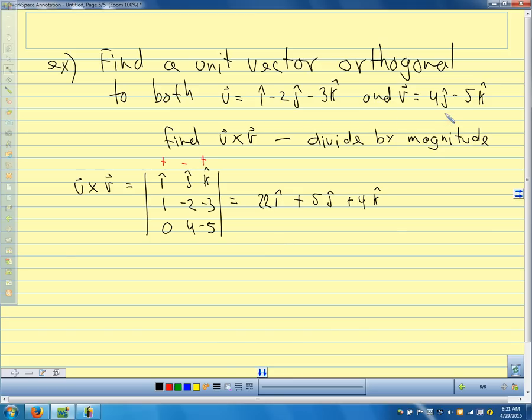u and v. Before we find the unit vector, what if the question said, show that this vector is orthogonal to u and v? What would we do? How could we show that this vector is orthogonal to both u and v?